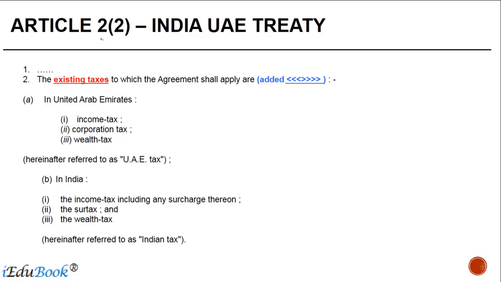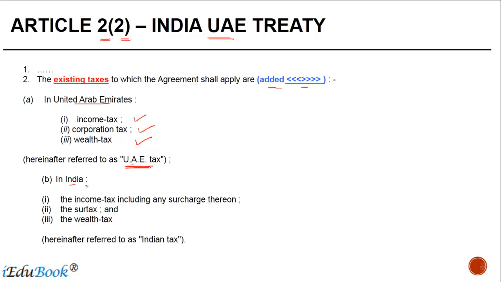So if I look at Article 2 of the India-UAE Treaty, it says the existing taxes to which the agreement shall apply are, and this is some portion that we've just moved out from here: in the UAE, income tax, corporation tax, and wealth tax, hereinafter referred to as the UAE taxes, right?